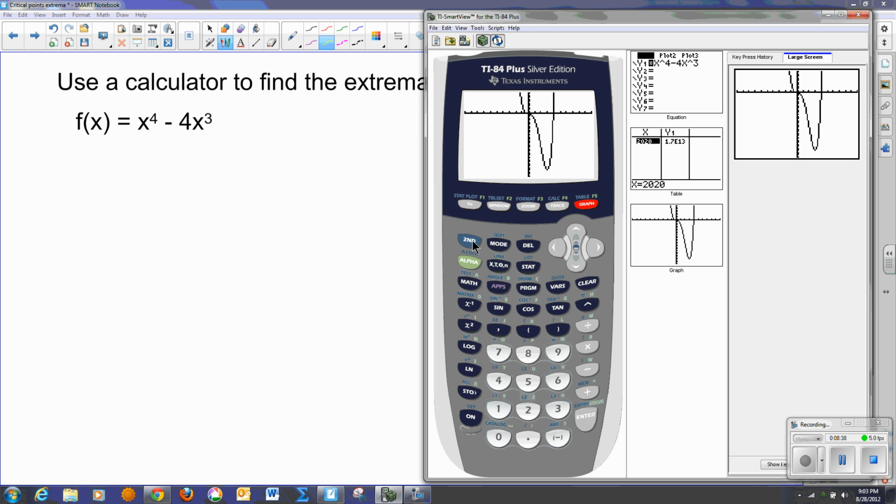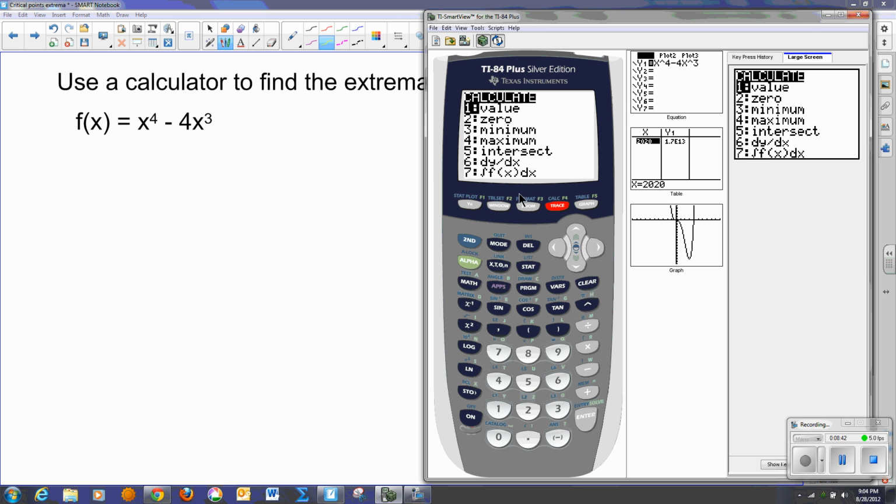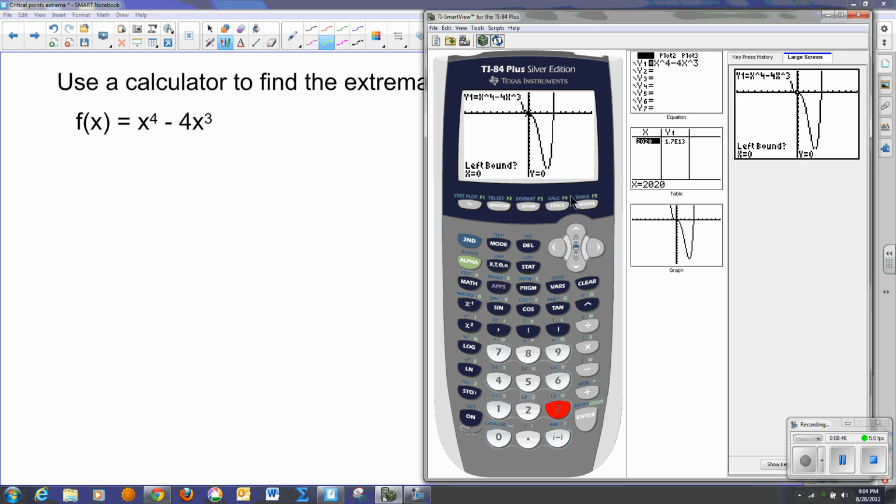So I'm going to calculate the minimum again. Second, calc, minimum, which is 3. Go to the left of that point, which it appears is here. And to the right of that point, get that blinky guy somewhere up here. Hit enter, and a third time after the guess. And so I'm at roughly 3 and negative 27.